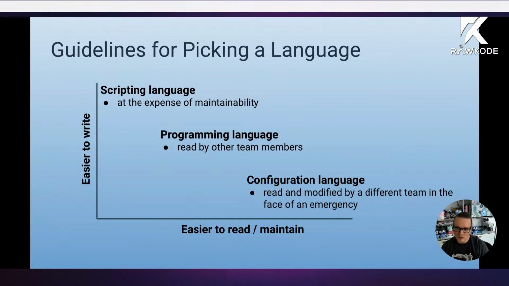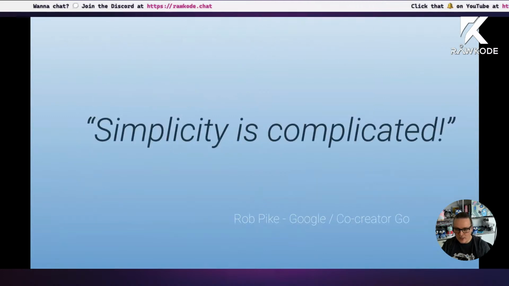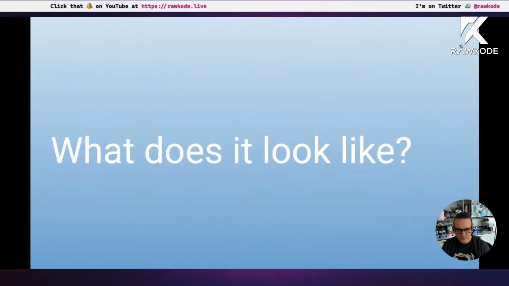You cannot expect them to be very familiar with every language that all of the systems they maintain are written in. So you need something that's even more familiar, more readable, and simpler to understand. And this is complicated. This is a little bit what they try to do with Go. The whole idea is that simplicity is complicated, and it is, but ultimately it makes life easier for everybody.